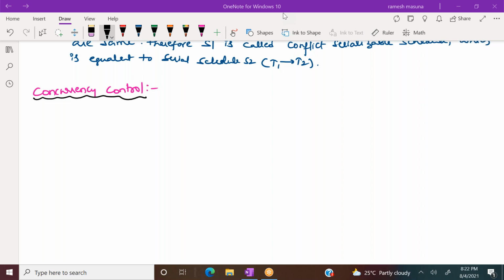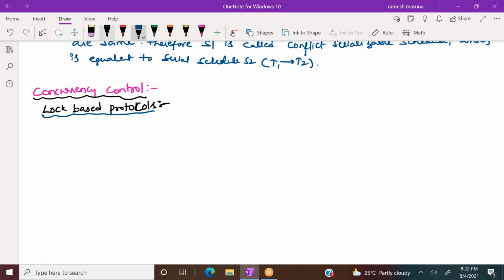What lock-based protocols do is require a transaction to acquire locks on a data item before it starts execution. Whatever data items the transaction requires, the transaction is going to get a lock on them.